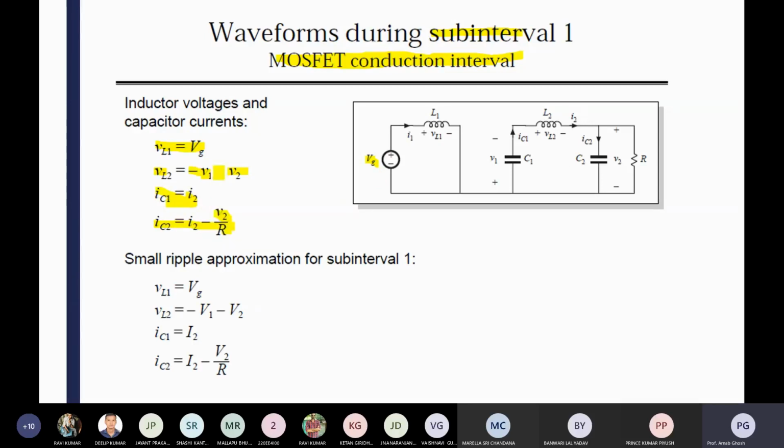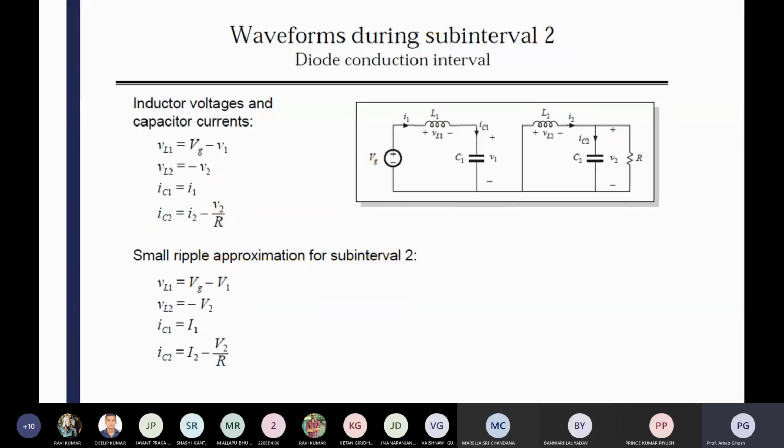I have already told that ripple should be neglected for all the sub intervals. So lowercase italic v1 will be capital V1, and lowercase italic v2 will be capital V2. All those things will be replaced with the approximated values. Again for sub interval 2 there is a set of equations for inductor voltage and capacitor currents.